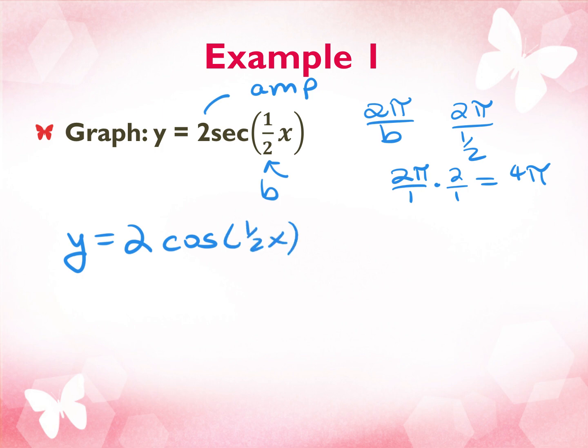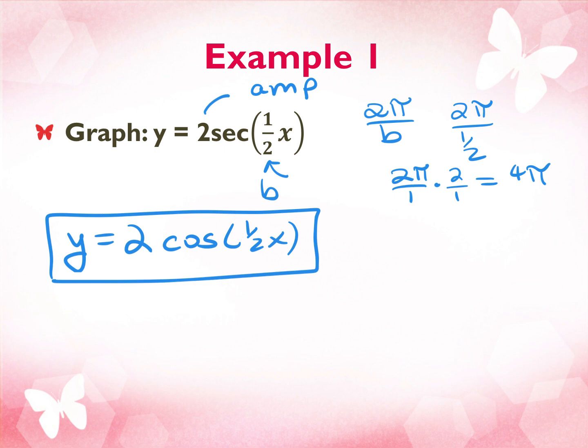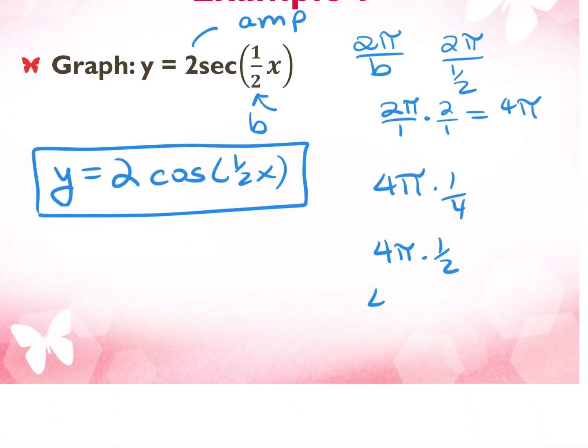So the calculations are still the same for the x key points. So I'm going to graph this first. But let me get my key points for my x-axis. So I take 4 pi, multiply it by 1/4, 4 pi times 1/2, 4 pi times 3/4, and then 4 pi 4 over 4, which is just 4 pi.